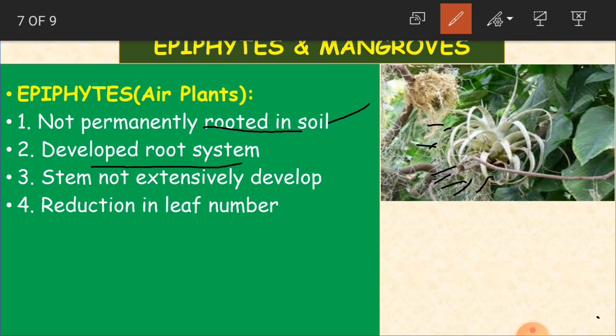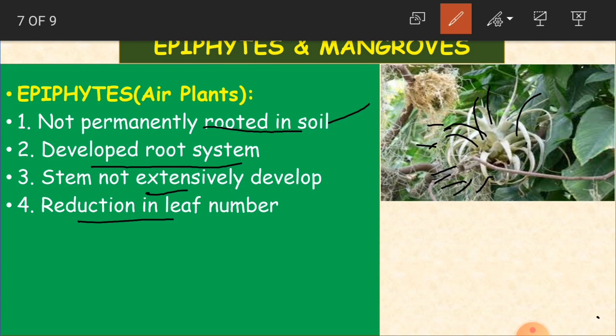Maximum, it has reduced leaves, and this reduction in leaf number is to minimize water loss. So what is water loss, children? When a plant gets water, it is not going to take all the water for its growth.